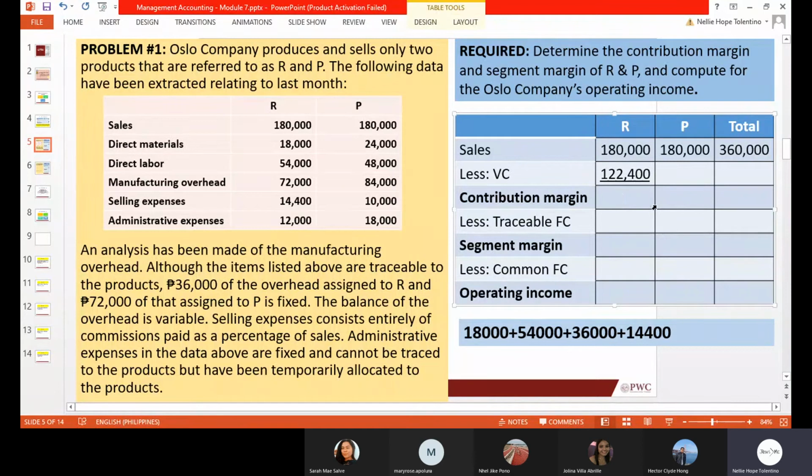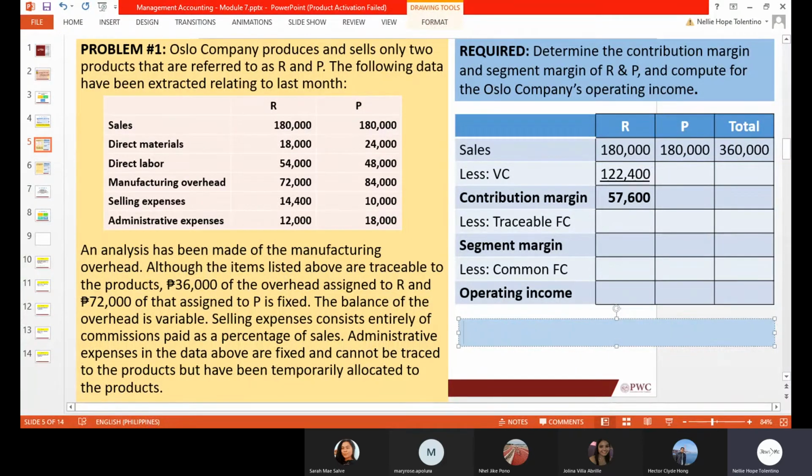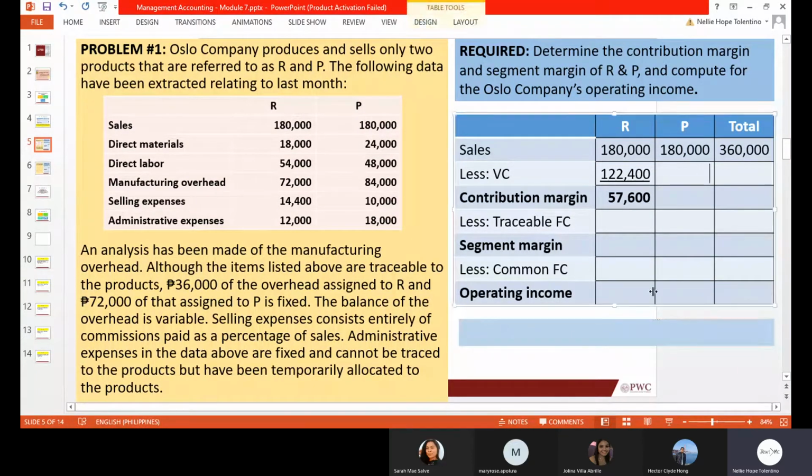So, we can now compute the contribution margin. How much is this? Contribution margin of R, 57,600, ma'am. Yes, 57,600. Let's first do the contribution margin before we go down below. So, the variable cost of P, how much? Give me an amount. 94,000.